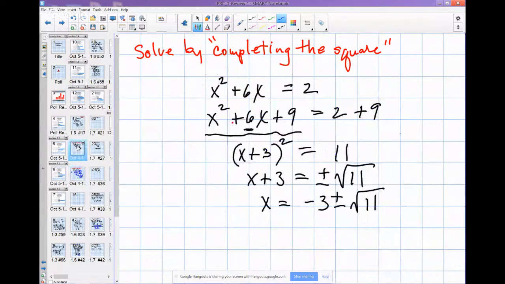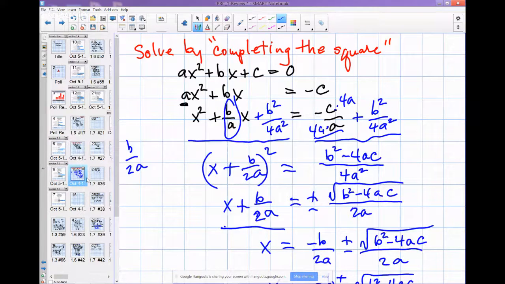We did this one where we just had a regular number problem and we solved it by completing the square. And we took it a step further and we did it in its most general case. When all you have is letter coefficients, you can do it that way too. This is the real pure one. Boy, if you can get this, you should have nailed how to do completing the square with anything. So there we have that.